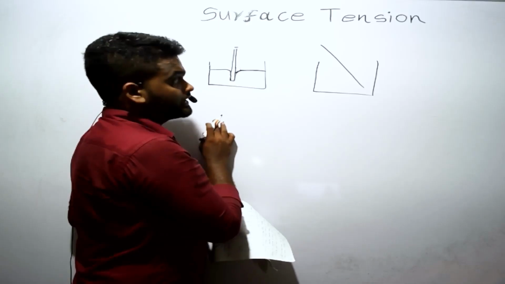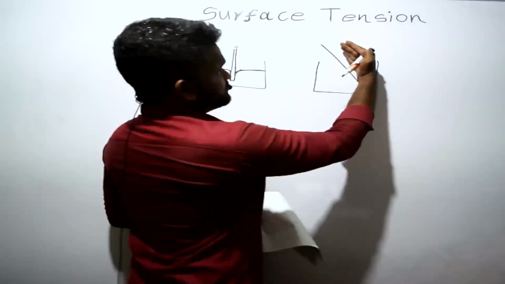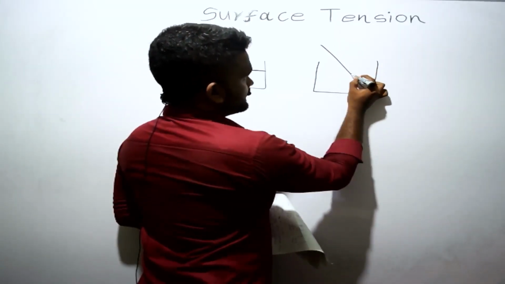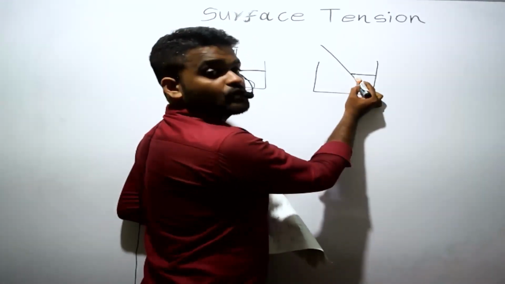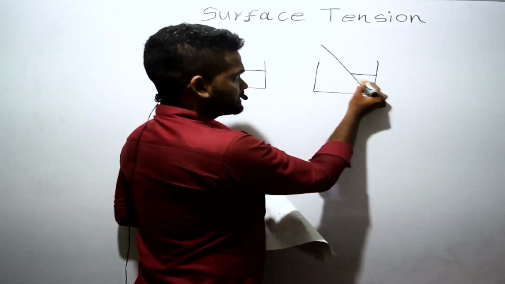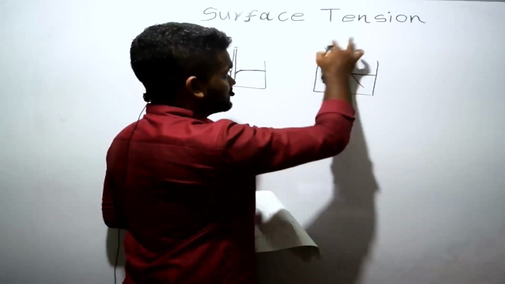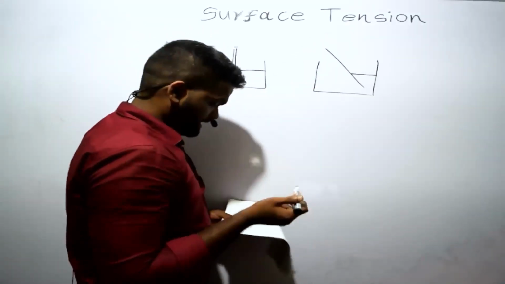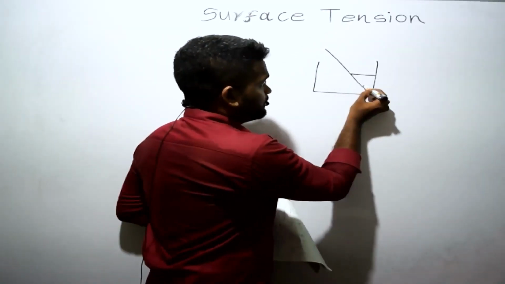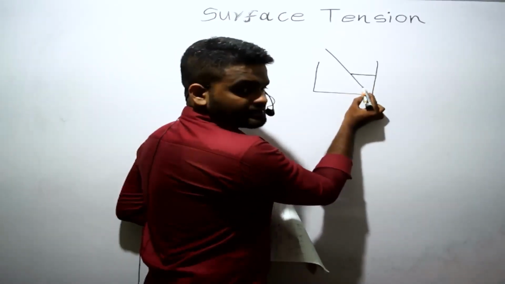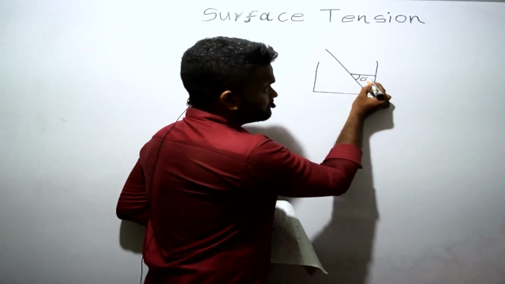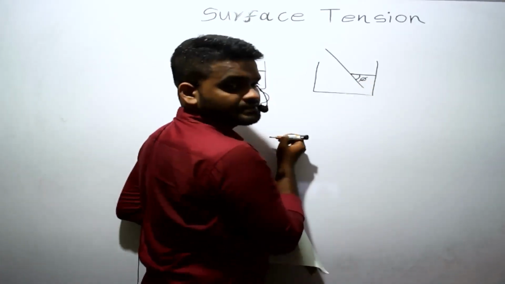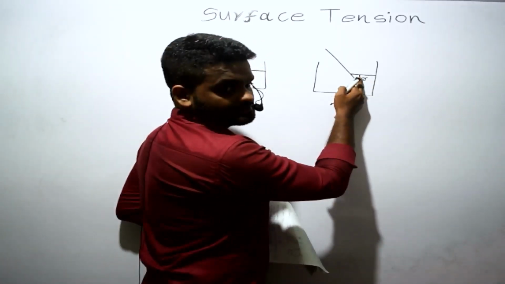Okay. So when you tilt the plate, you have to tilt it till one side becomes completely horizontal. Then this is the solid surface, this is the liquid surface, and you can mark the contact angle.